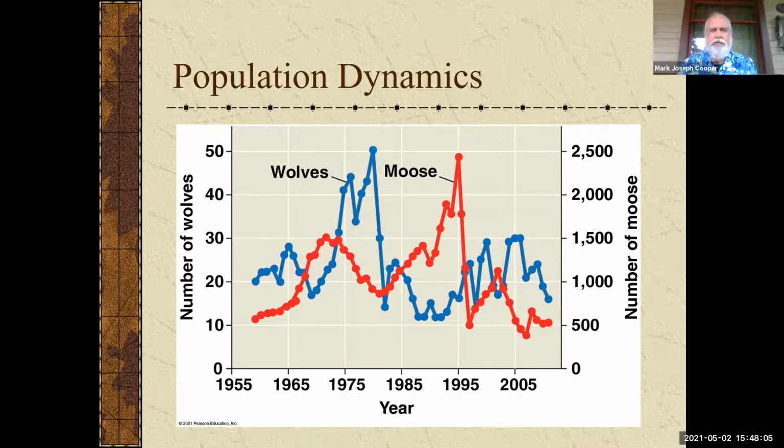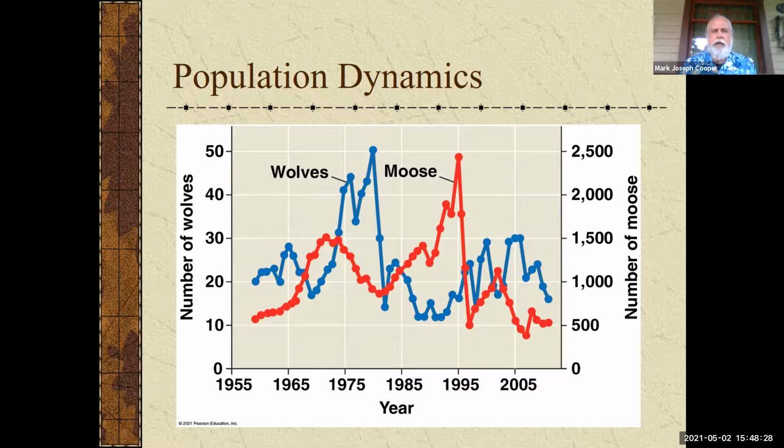And population dynamics. Here they're showing wolves and moose and the population numbers. And you can see that they're not really perfectly correlated. They were checking to see whether it was food or predators that were really limiting moose.